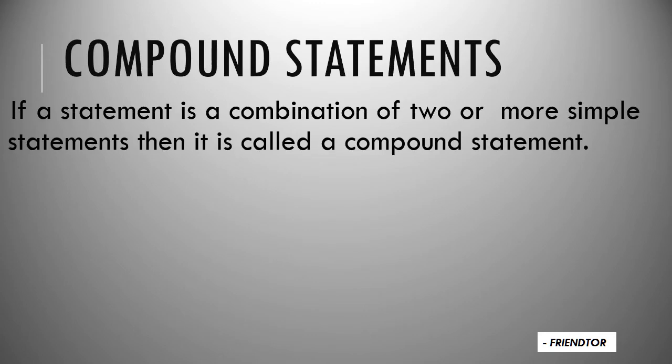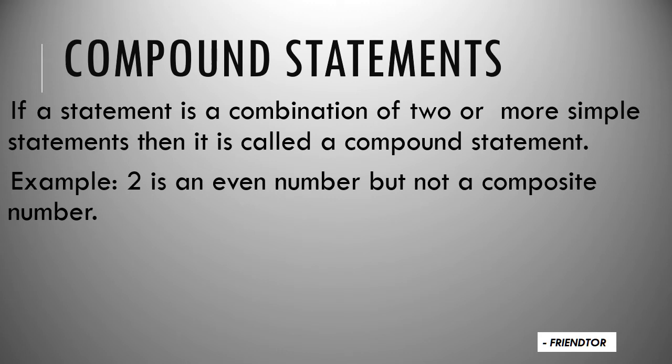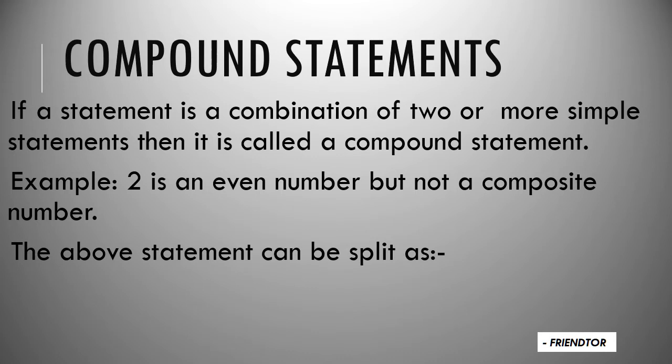If a statement is a combination of two or more simple statements, then it is called a compound statement. Okay. So if you join two or more simple statements, then the resultant statement is a compound statement. Let's see an example. 2 is an even number but not a composite number. Now if you read the statement, I can split this into two statements, or you can observe that this statement is a combination of two statements.